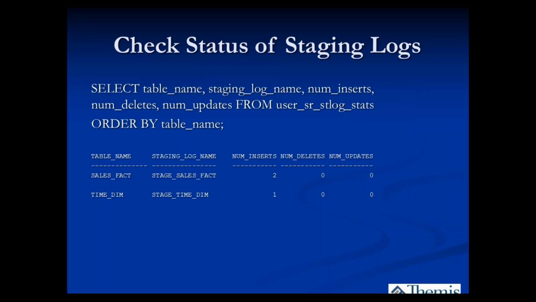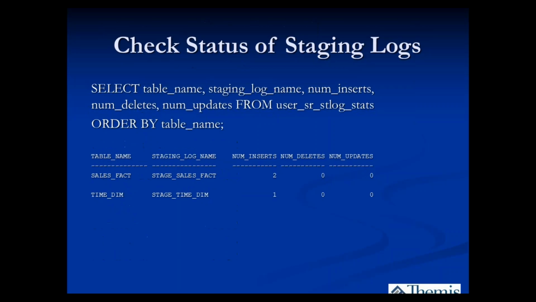You can see on the fact table, I'm going to have 2 inserts. On the time dimension, I'm going to have 1 insert. This is just another way to say, what am I getting myself into when I do the refresh, or some of these other steps down the line. So another optional step, but a handy one. I would put it in my process here. And like I said, these steps are really good. You'll want to do every one of these in your process if you're going to set something like this up.